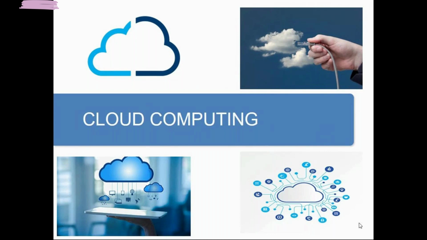Connecting to the server can be done either through a local area network, by plugging the LAN to your system, or you connect to that server using VPN. So one way or the other, we are connecting to the same server and then accessing the data.